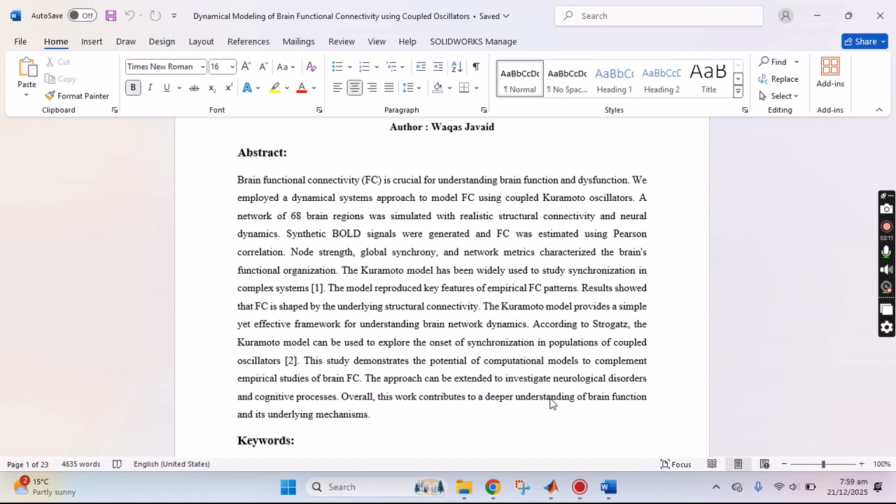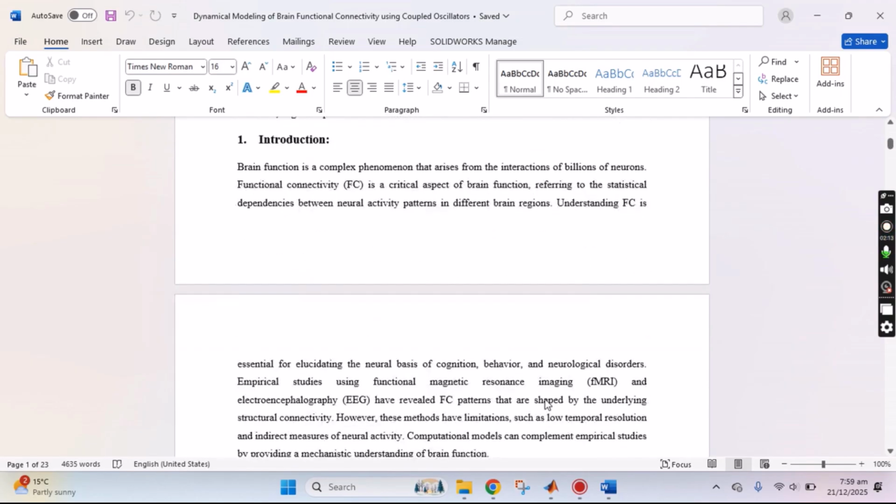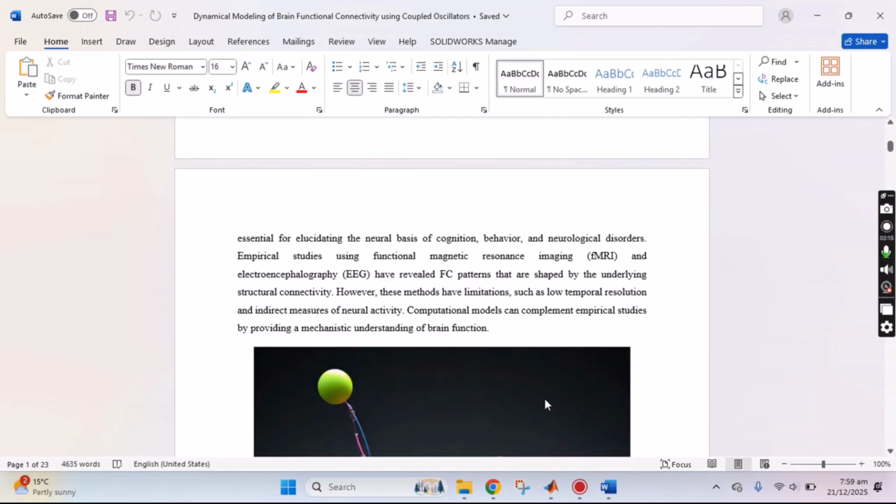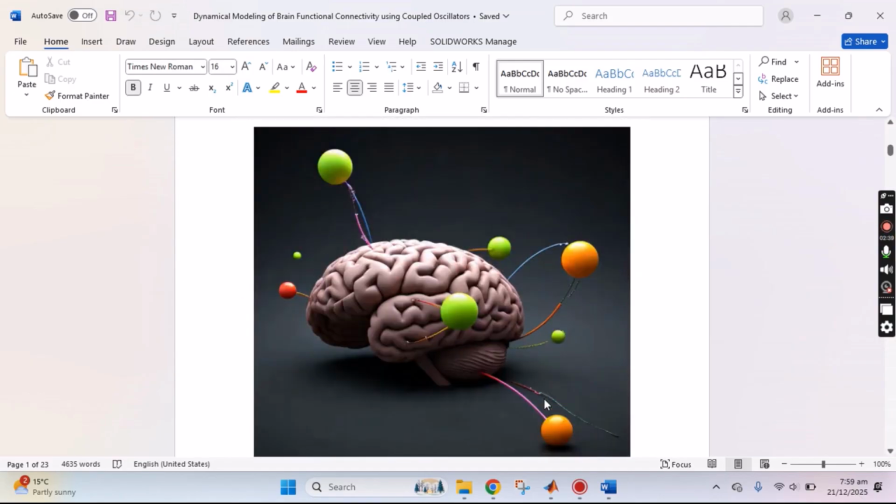I have written the complete abstract with the introduction. In the introduction, I have added how the empirical studies using functional magnetic resonance imaging and electroencephalography, EEG, have revealed functional connectivity patterns that are shaped by the underlying structural connectivity.